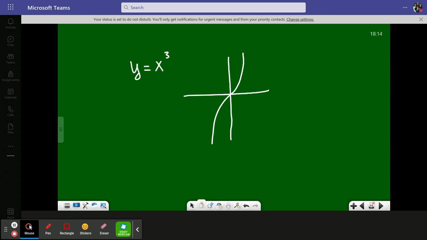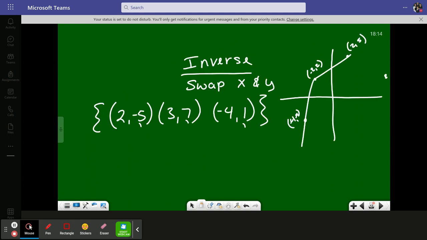Oh, there it is. All right. Inverse functions. Well, again, this is the easy stuff. This is the stuff that we want to make sure we have down because I don't have any calculating to do. If I give you a set of coordinates and I say, give me the inverse function, all you're going to do is swap your x and y.